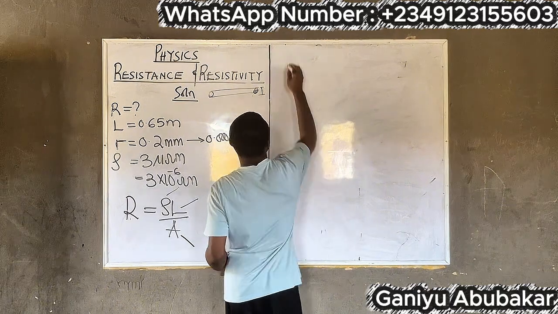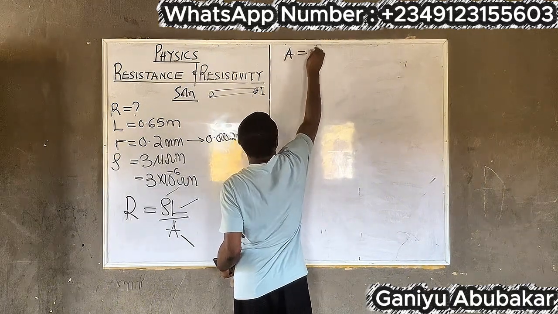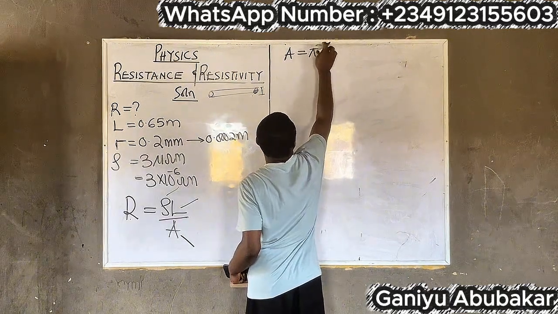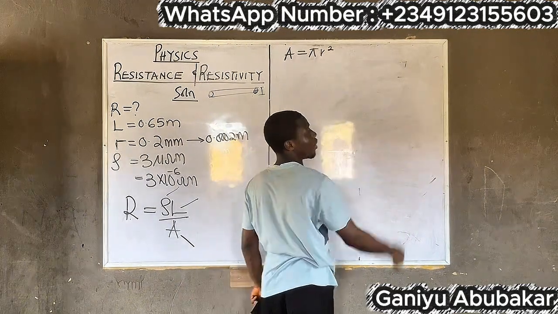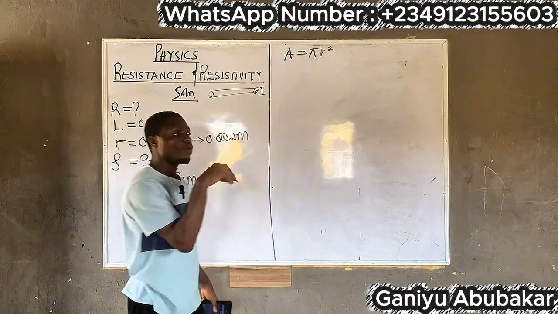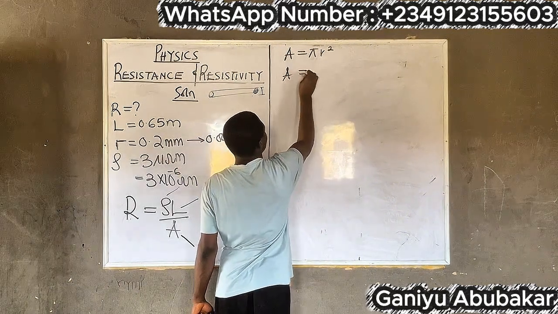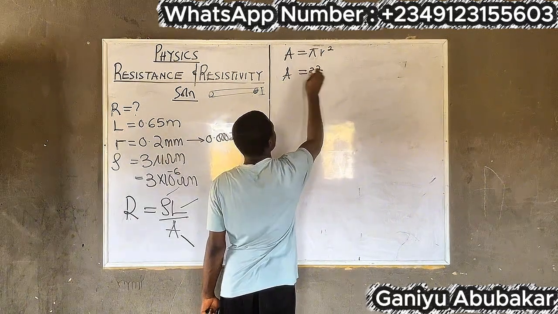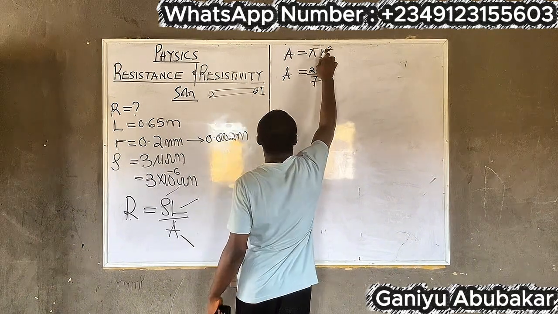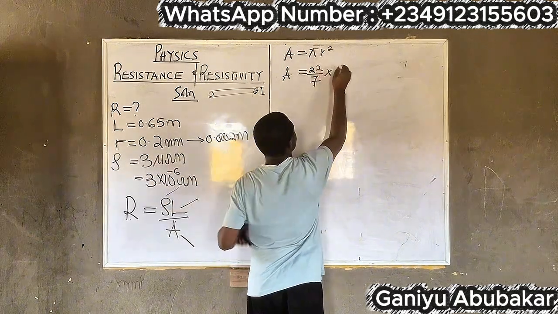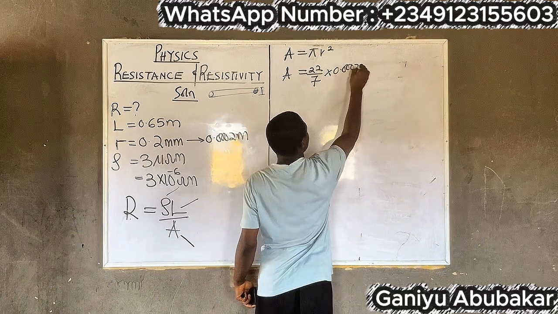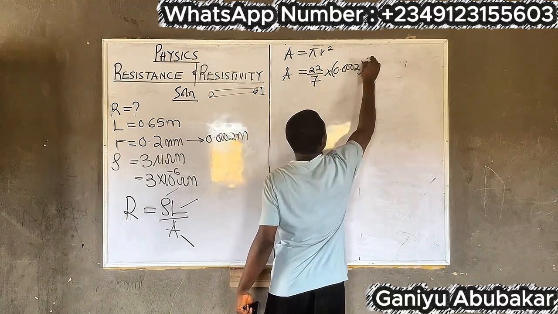From here, A is pi r squared, the area of a circle, because the conductor opening is circular in nature. This gives area is equal to pi, which is 22 over 7, times the radius 0.0002, all squared.